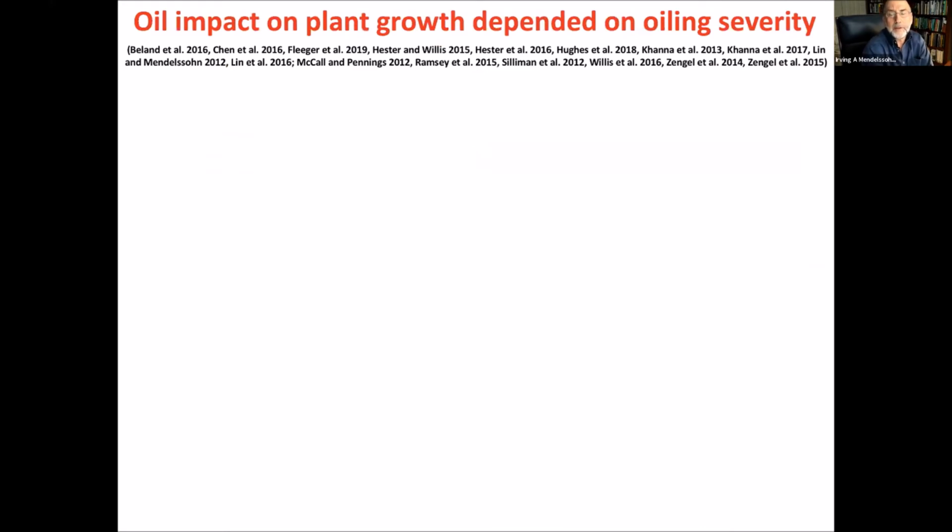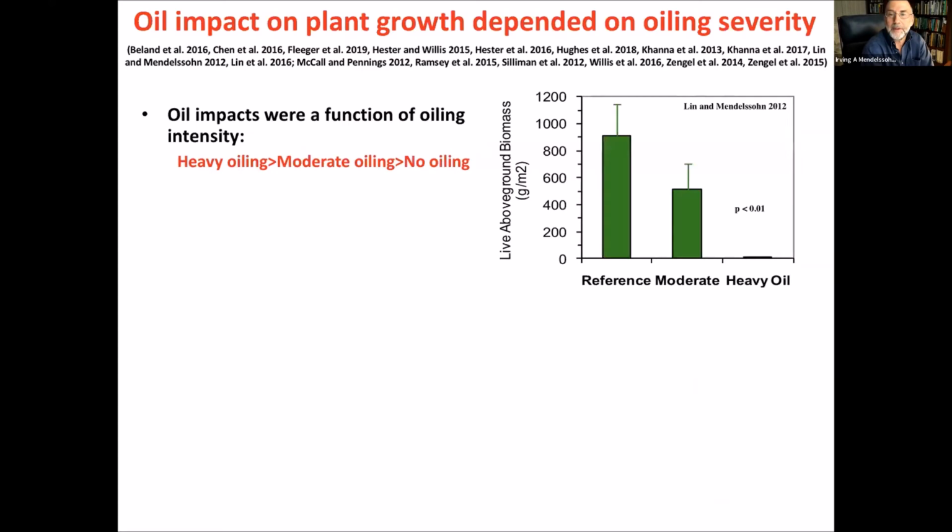So not surprisingly, oil impacts depended on oiling intensity. This is no surprise. Oil impacts on plant growth were greatest with heavy oiling and less with moderate oiling, as shown by Linden and Mendelssohn for field results in Bay Jimmy.